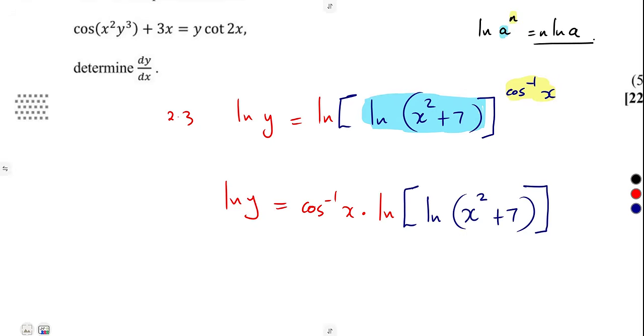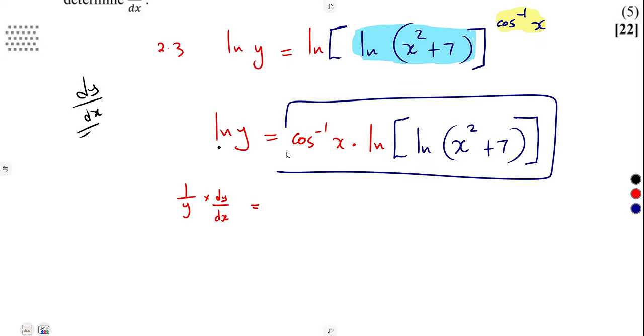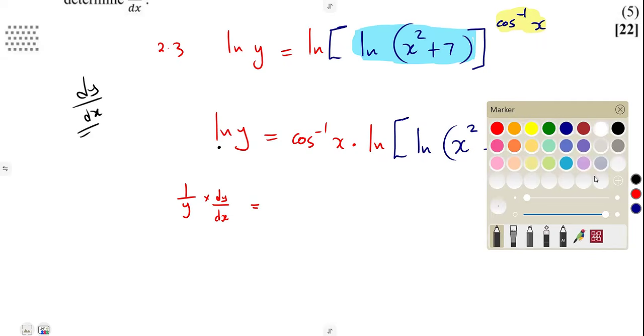So this is where we are, and we can see that our derivatives can be applied as we differentiate with respect to y. So differentiating a ln was going to give us 1 over y, and with respect to x, we must multiply by dy dx since we do not have x here. Okay, so this is equal to, on the right-hand side, the derivative here is going to be of two terms.